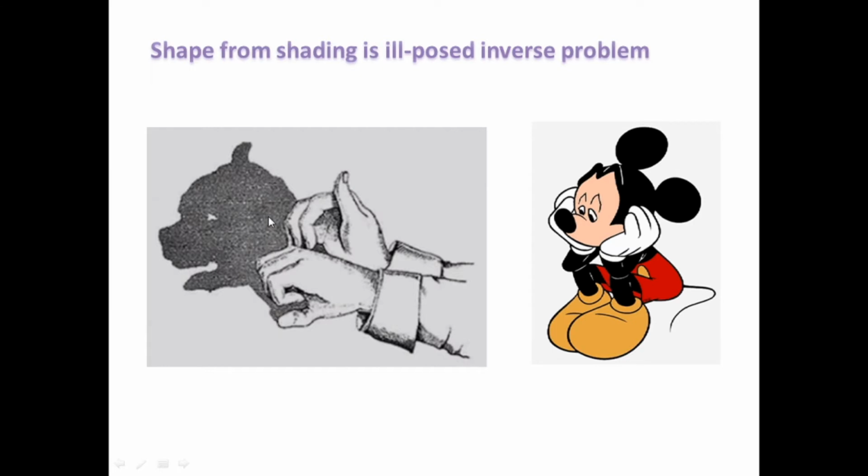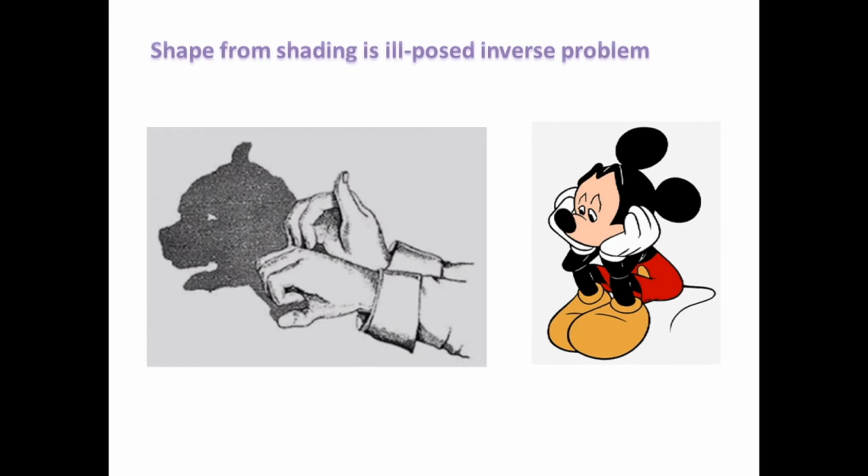But truly speaking, it is not the shadow of a puppy, but a hand gesture's shadow. So can I say now that many shapes can give rise to the same 2D image? Here we can't reconstruct the shape from one shadow.